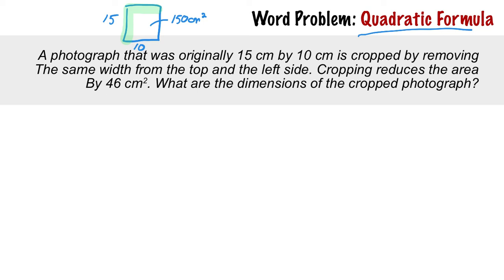So we're going to let x represent that width. So let x equal the width of the crop, and that'll be in centimeters. The concept is length times width equals area.